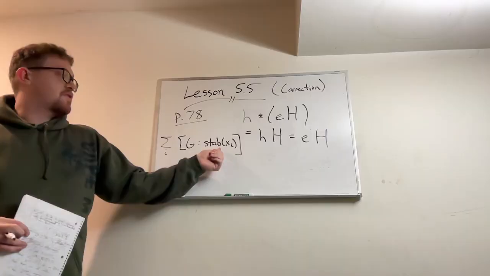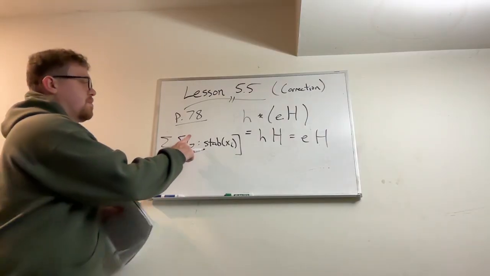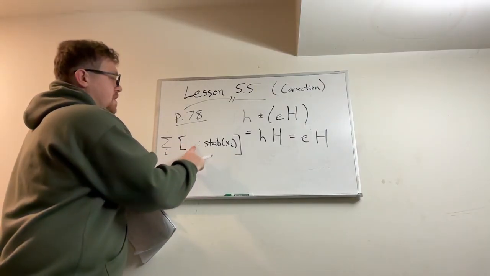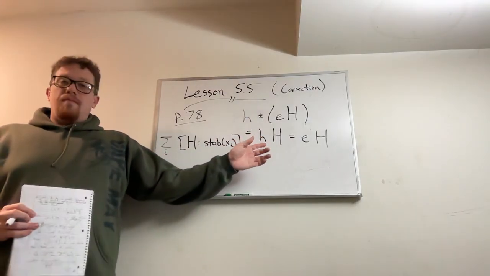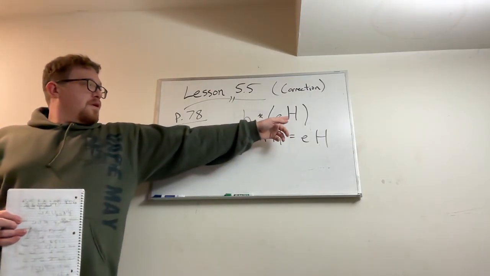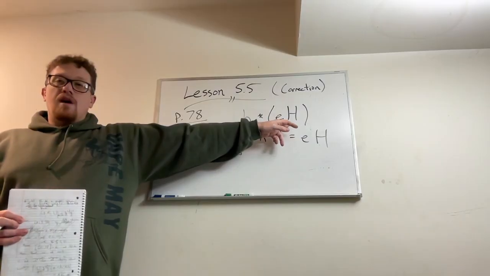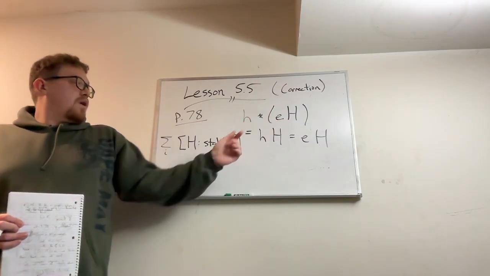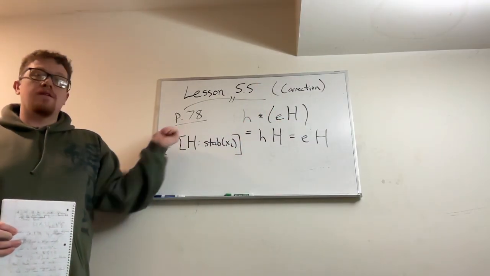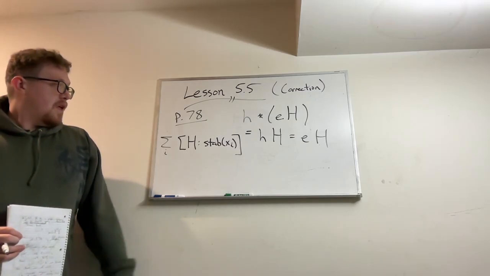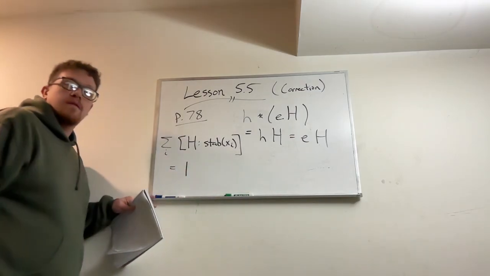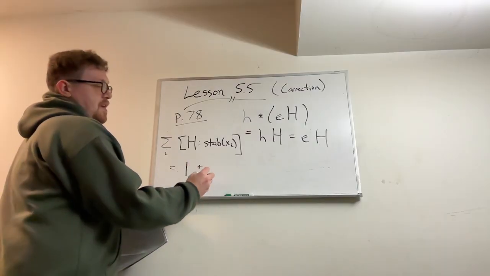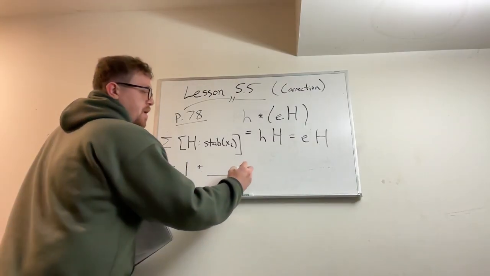So the stabilizer for that one is the entire, should actually be H, because here our group acting is H. So for the identity coset, it's an orbit of size 1, and the stabilizer is the entire subgroup H. And these numbers have to add up to p, so we have 1 plus something equals p.